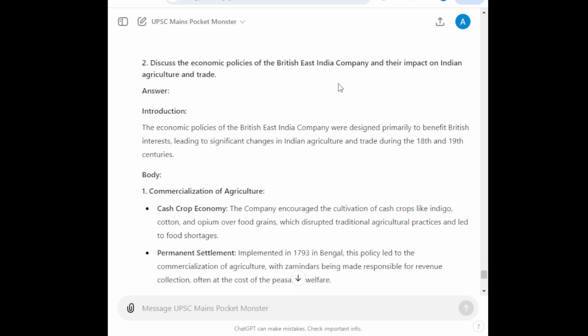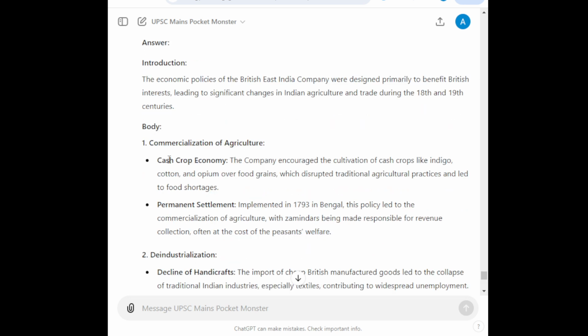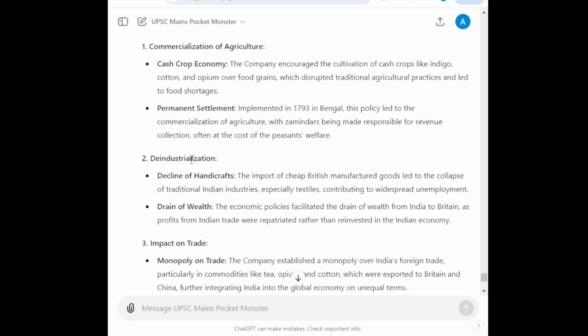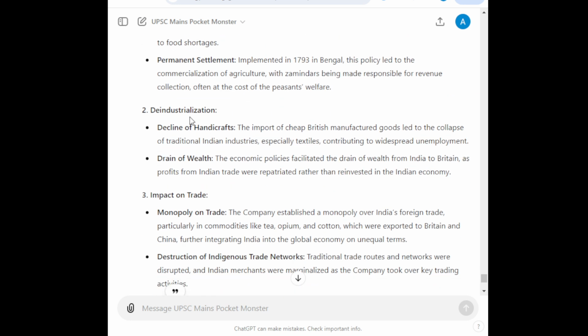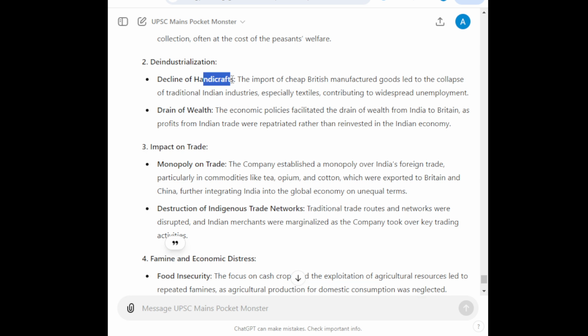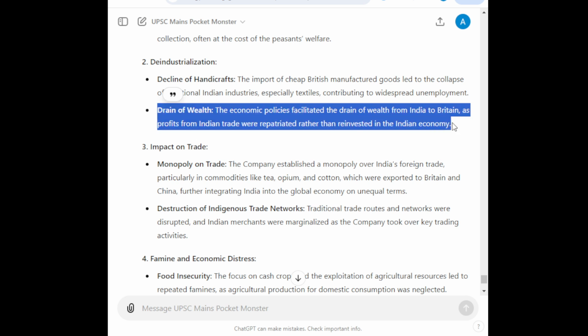And what's to be discussed is the impact of economic policies on agriculture and trade. So agriculture and handicrafts will also come in trade. Drain of wealth is not something about trade particularly, and not particularly about agriculture, but only stands here because of the discussion on economic policy.